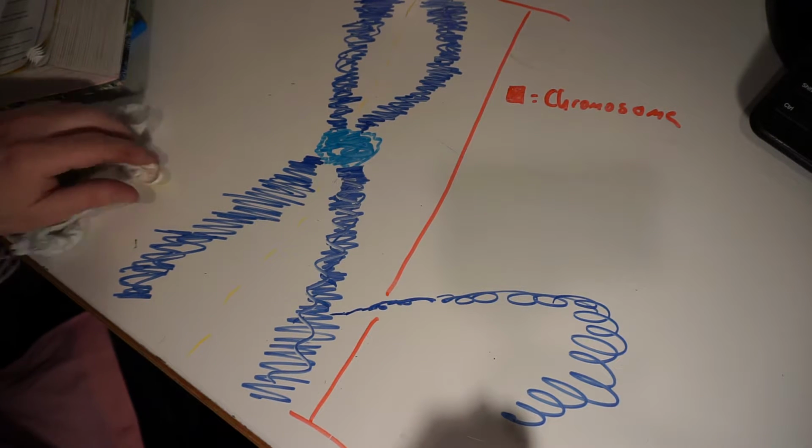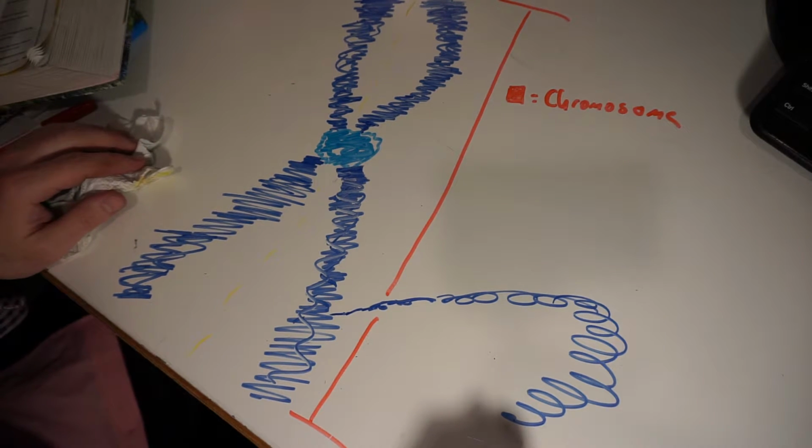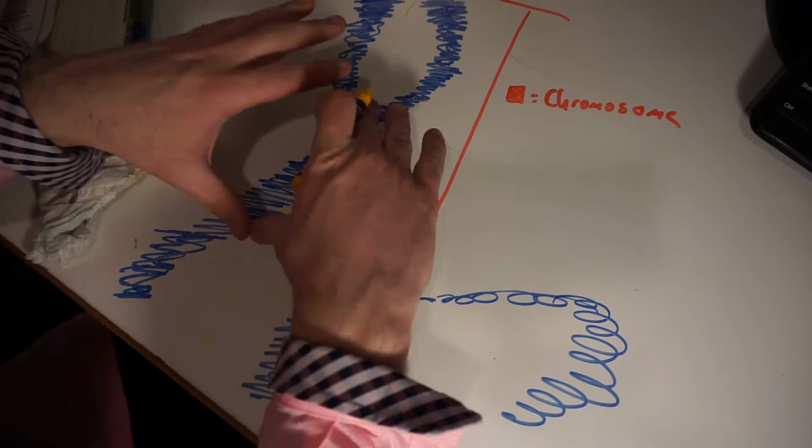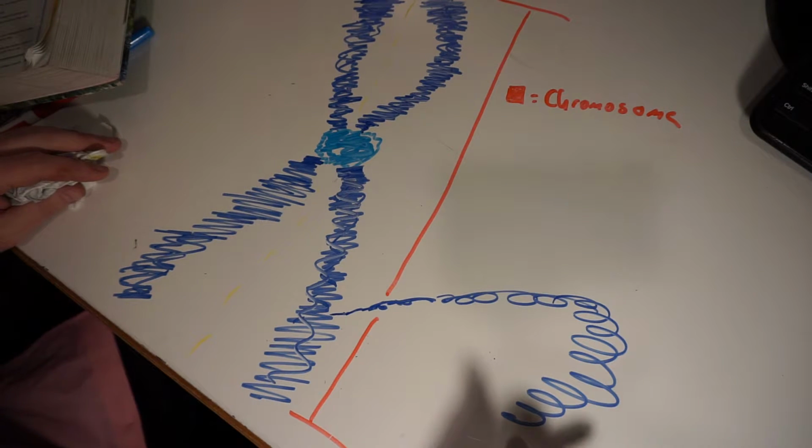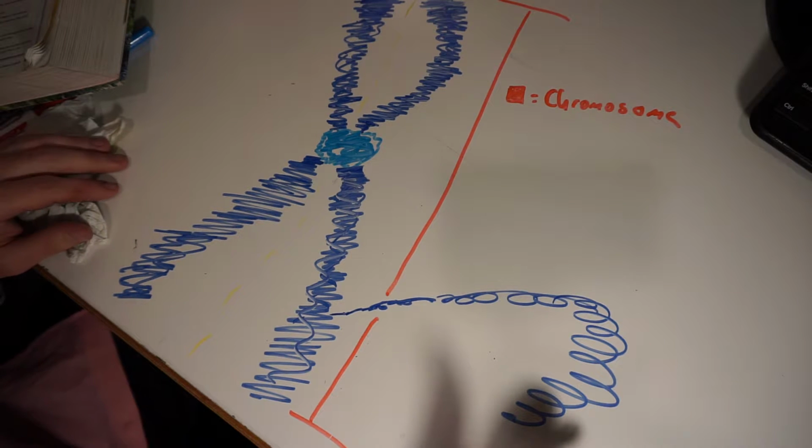Now a chromatid is half of it. And you'll see when we get into mitosis that this is going to split. However, right now we don't need to worry about that.